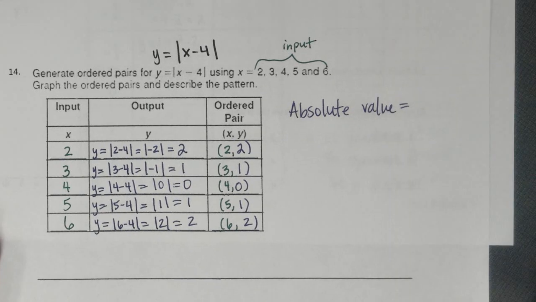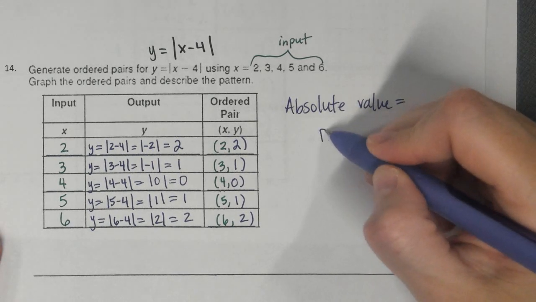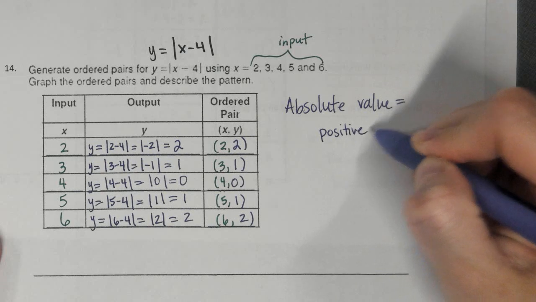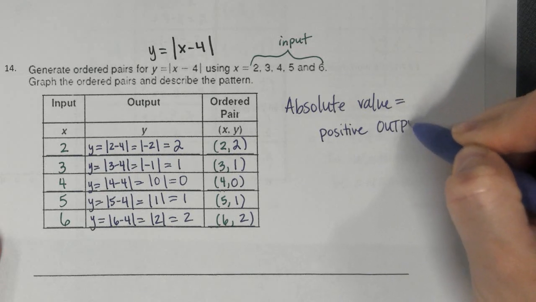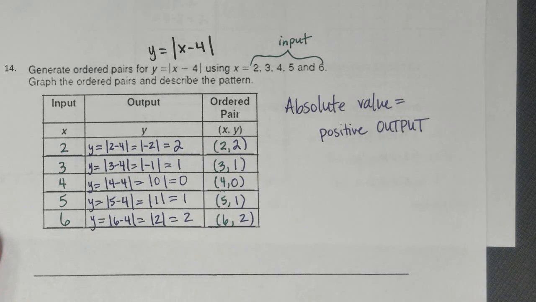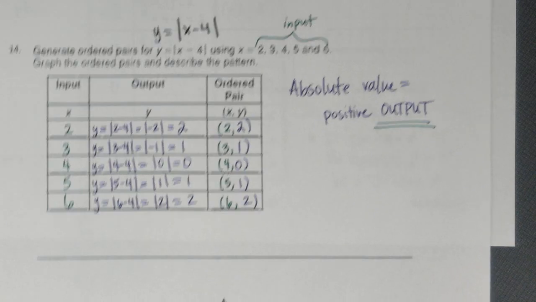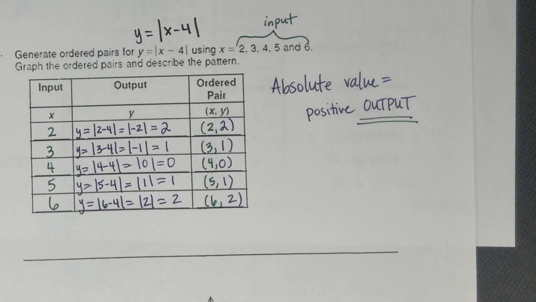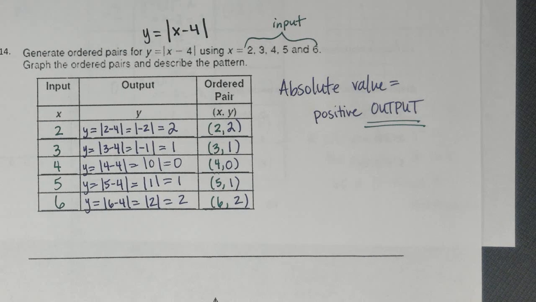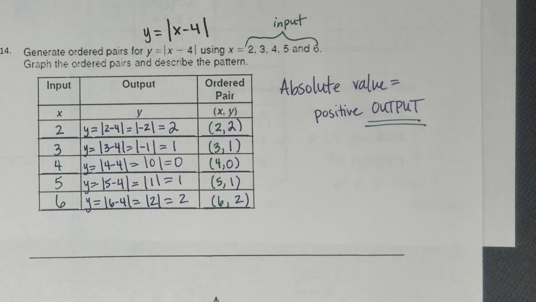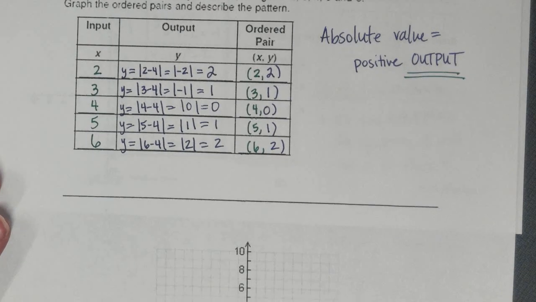When you take the absolute value, it's going to be a positive output. Output is your y, okay? Anytime it's 0, it will be 0. I want you to finish this with us first, okay?